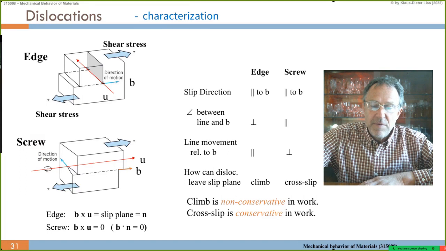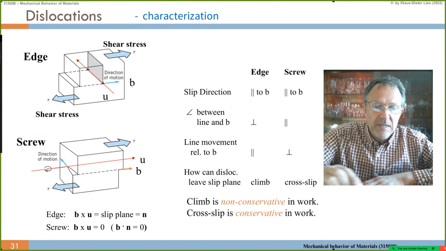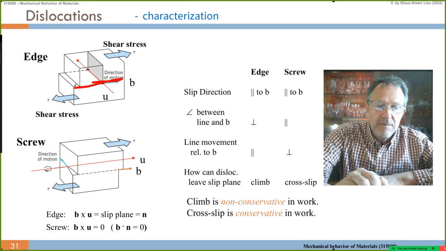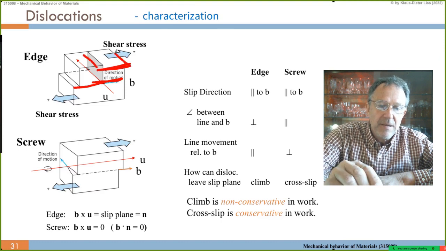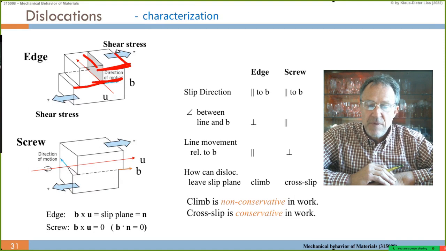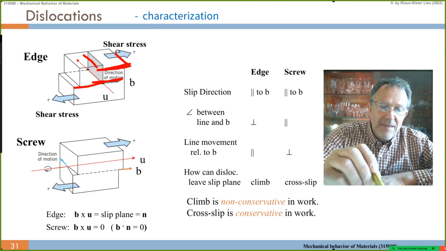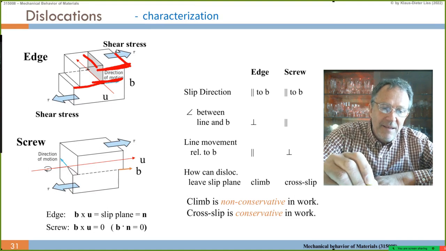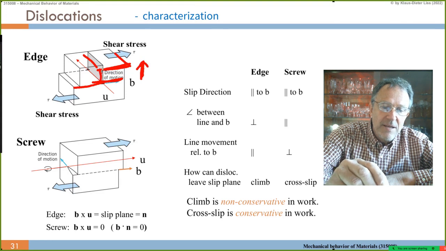Then we have the question, how can the dislocation leave the slip plane? So here we are on the slip plane. How can the dislocation go onto another slip plane which is maybe up? And this we call, in the case of the edge dislocation, climb. So the dislocation has to go up from here to there.